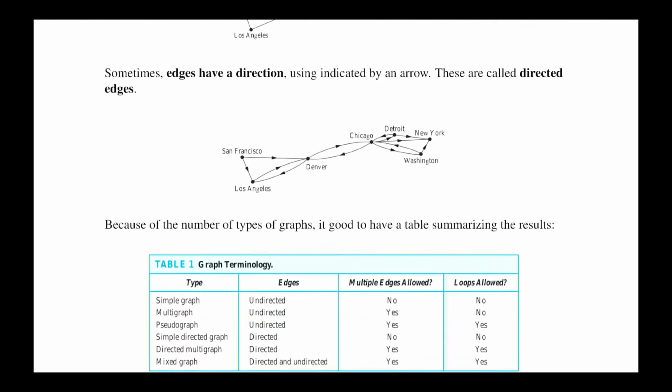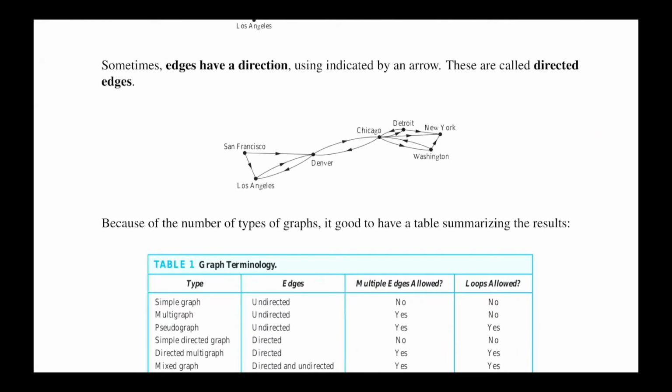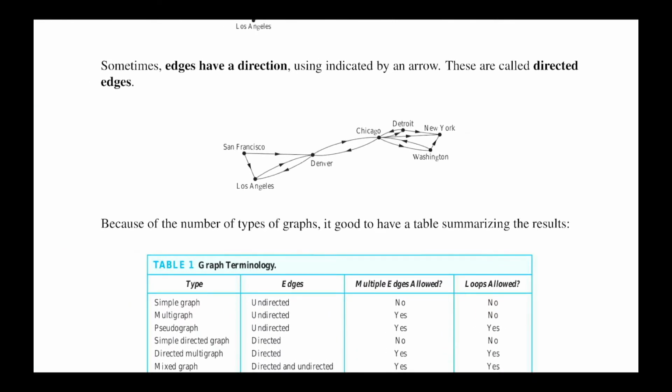Now, sometimes edges have a direction, and the direction can indicate a variety of things. So on this one right here, we've got cities, and I believe the arrows are indicating where airline flights go. If you have flights that go from San Francisco to Los Angeles, then you might put an edge pointing that way. But if no flights go from Los Angeles to San Francisco, then you wouldn't want it to go that way.